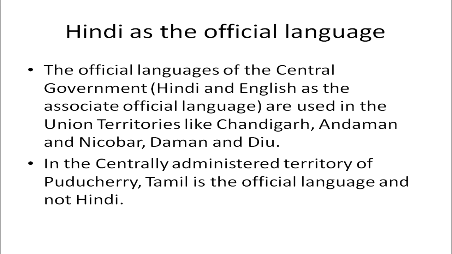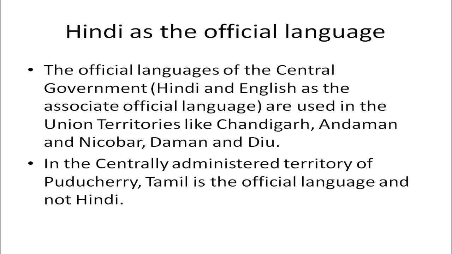For example, union territories like Chandigarh, Andaman and Nicobar, Daman and Diu, which are centrally administered, Hindi is used as the official language, along with of course English, as I had told you that for the central government offices, Hindi is the official language and English is its associate official language. So, in all these union territories like Chandigarh, Andaman and Nicobar, Daman and Diu, along with Hindi, English is the associate official language, but Hindi remains the main official language.